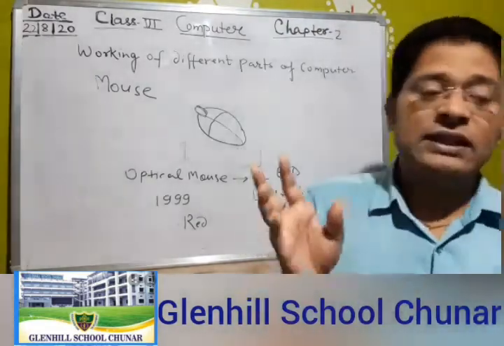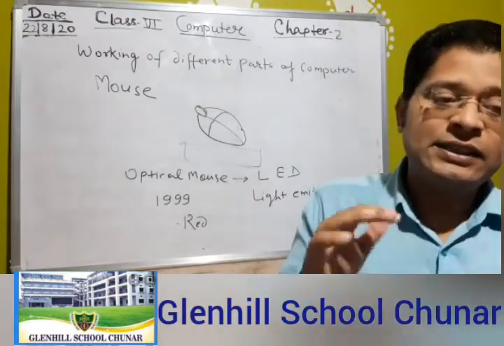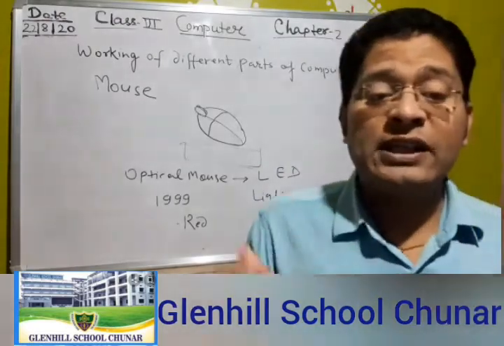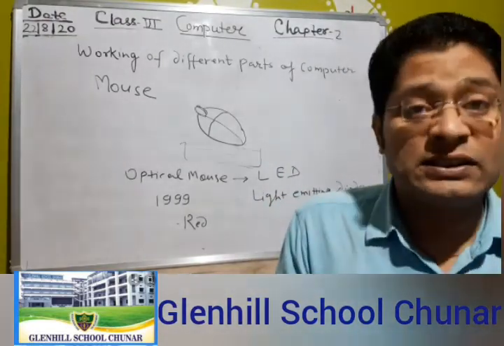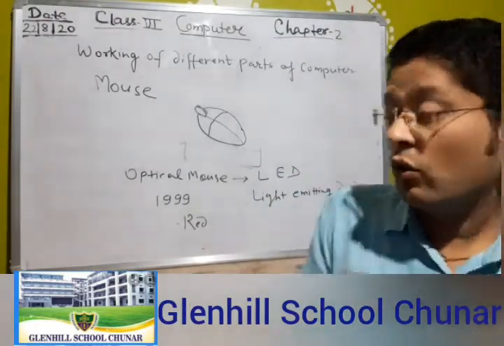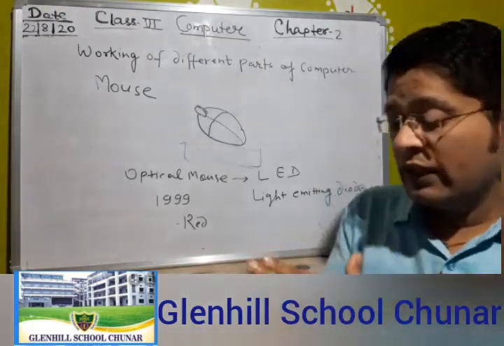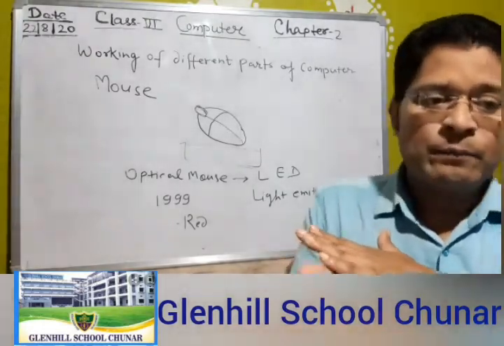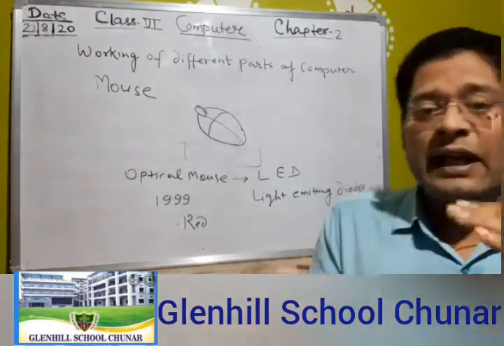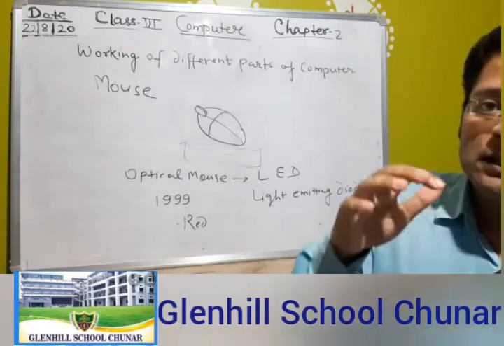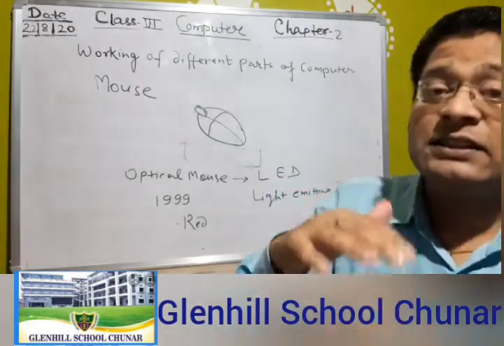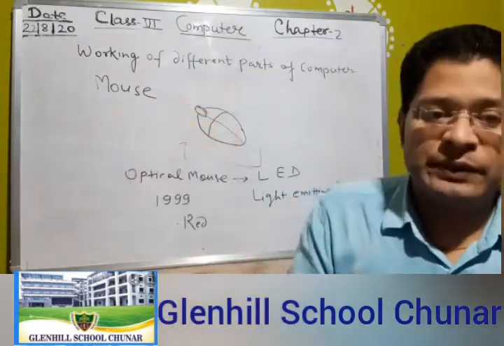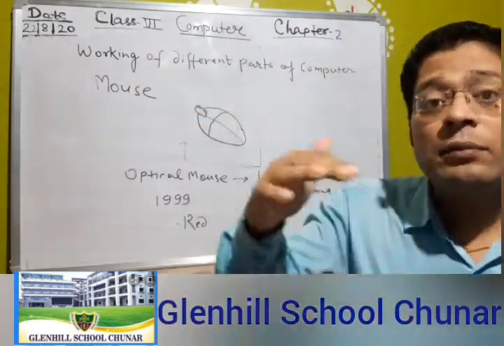So the CMOS sensor sends each image that is reflected back to the DSP, digital signal processor, for analysis. Okay student, yes. The light of the mouse works on the surface, then the light signal, that signal the CMOS sensor sends to the DSP, digital signal processor.